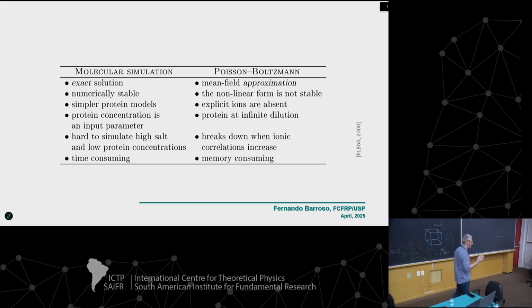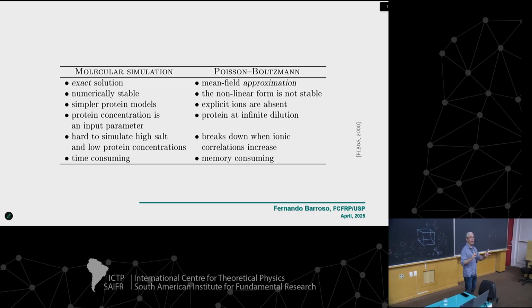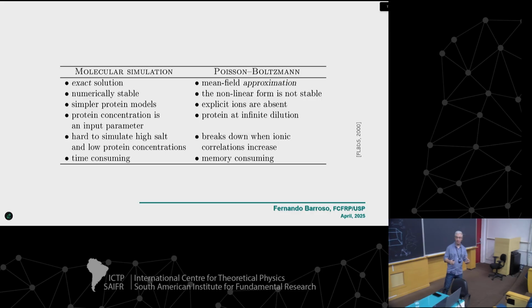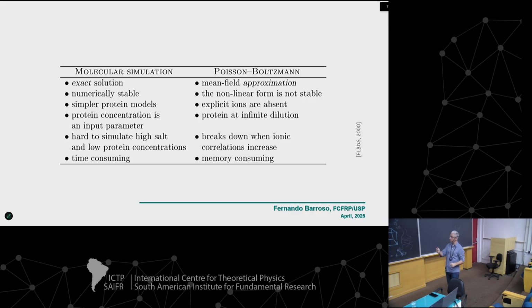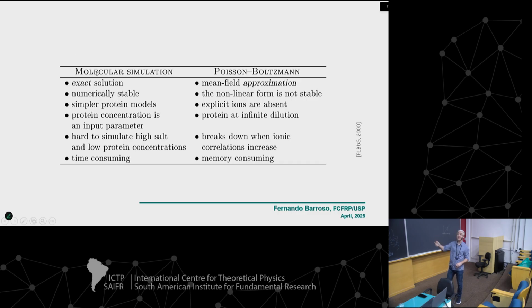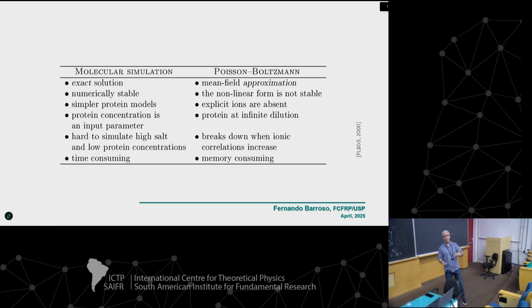It's nice to make a comparison between the Poisson-Boltzmann approach and traditional Monte Carlo or molecular dynamics simulation. So I try to make this comparison here. In terms of molecular simulations, you can probably get an exact solution, and the reason is that you're not invoking the linearization or neglecting the ion-ion correlation. All the approximations that I showed you are going to be present in this mean field approximation.